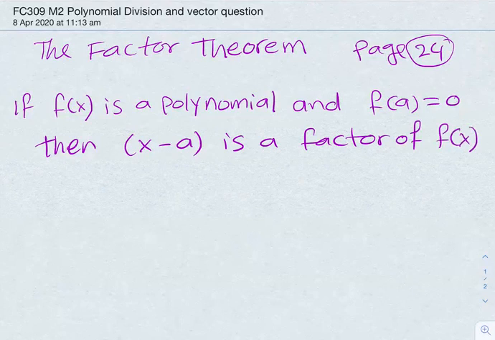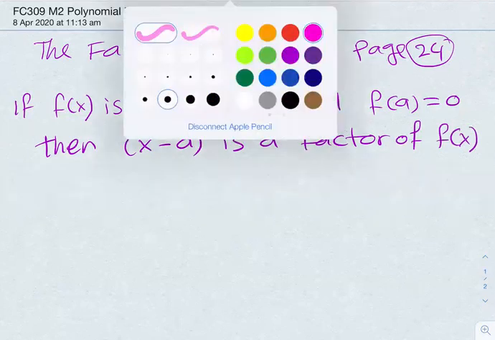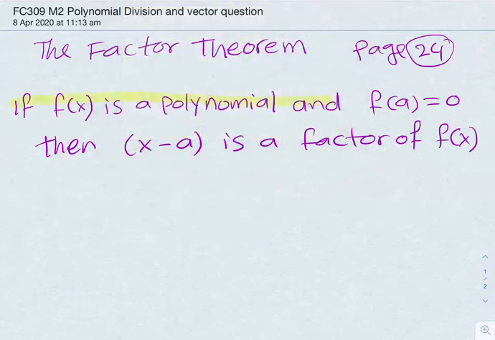Okay, this is the factor theorem. So if f of x is a polynomial and f of a equals 0, then x minus a is a factor of f of x.